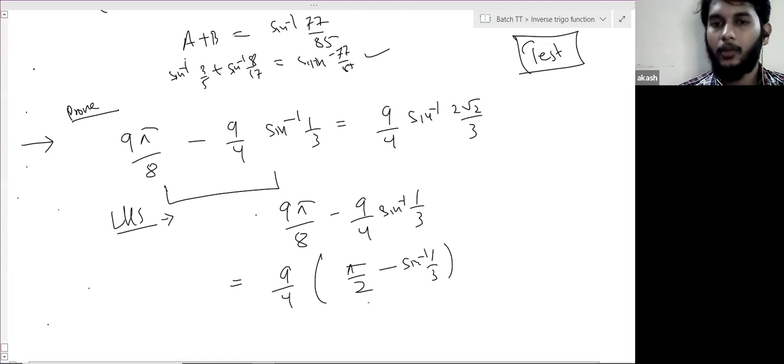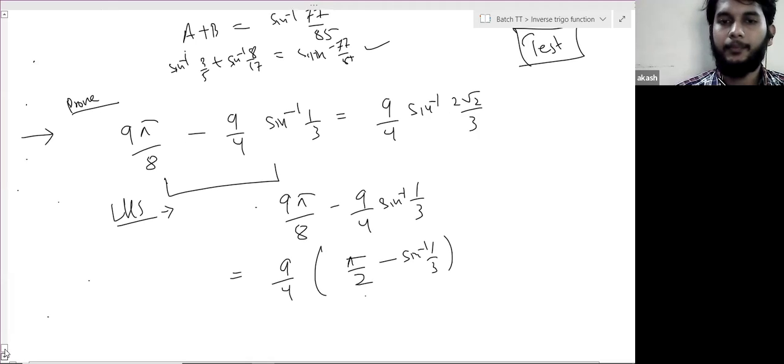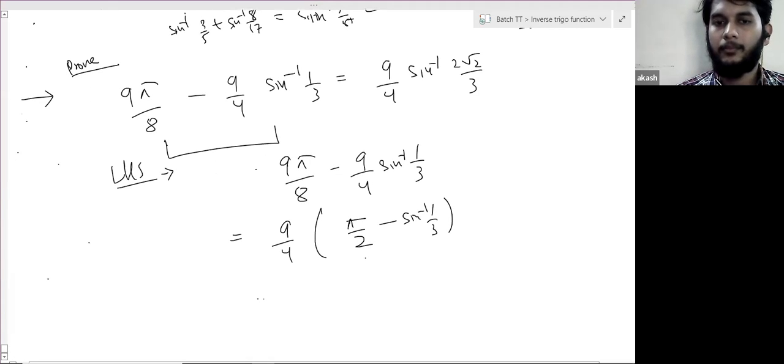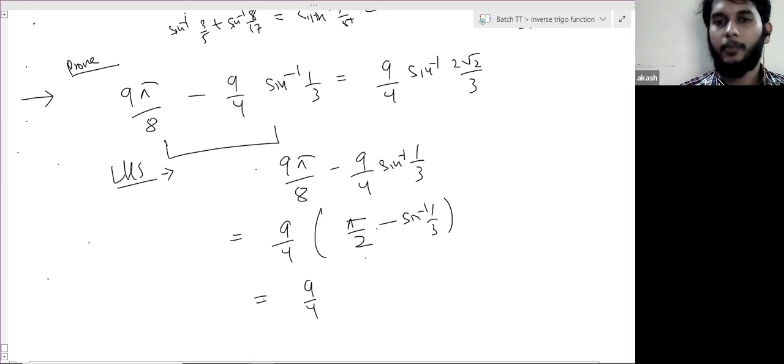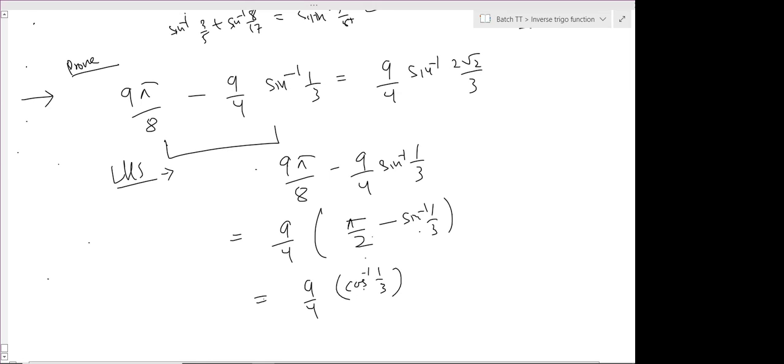And what is pi by 2 minus sine inverse 1 by 3? I know sine inverse a plus cos inverse a is equal to pi by 2. Absolutely right. So pi by 2 minus sine inverse a, I can write cos inverse a. Yes or no? Yes.